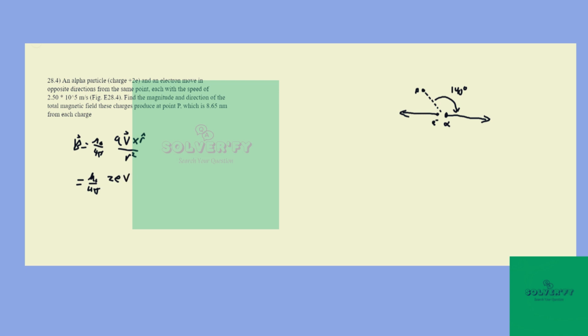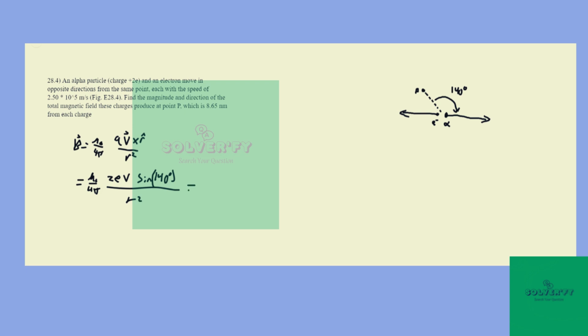And we need to write down what the cross product, that second part of that cross product is going to be the sine of the angle between them. So that's going to be sine of 140 degrees, and that's going to be over the distance r squared. So that's the B field for the alpha particle.